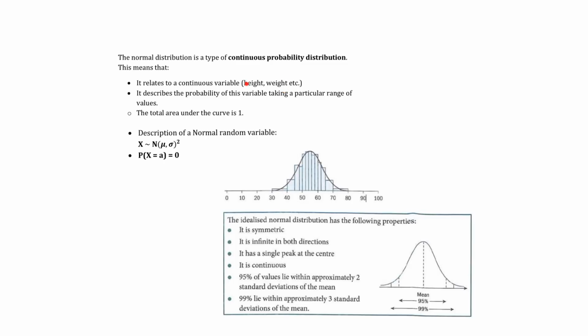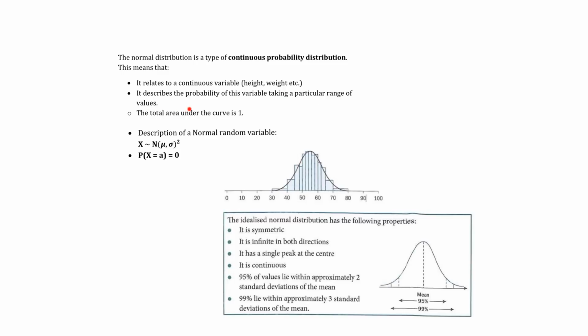All of these are continuous variables, and the distribution that can be used to model such variables is the normal distribution. It describes the probability of this variable taking a particular range of values.